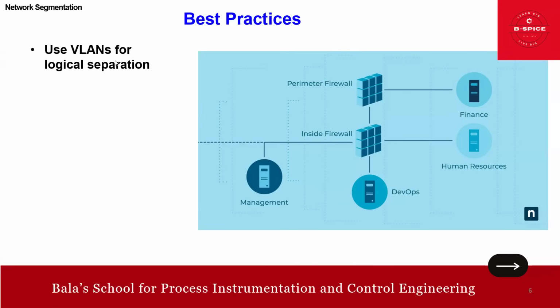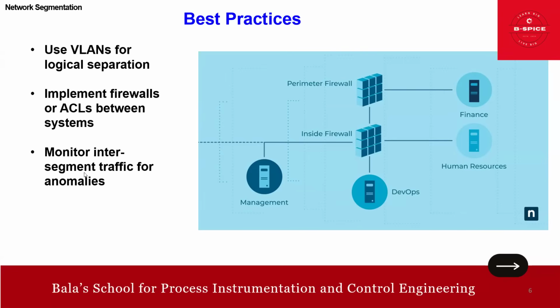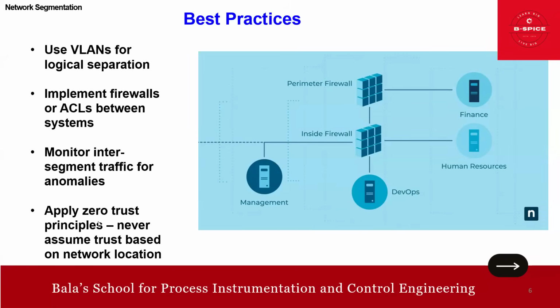Use VLANs for logical separation. Implement firewalls like this between the systems, and monitor the inter-segment traffic for anomalies. And of course, apply the zero trust principle. I'm not sure whether you are aware: the zero trust principle in network segmentation is a modern cybersecurity approach that assumes no user or device inside or outside the network should be trusted by default.